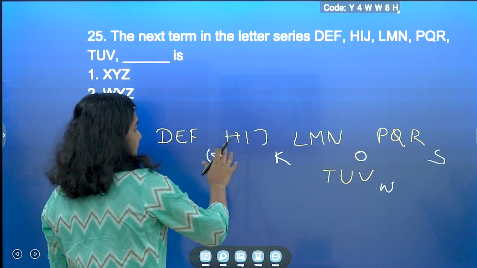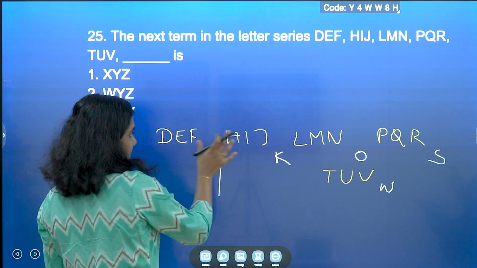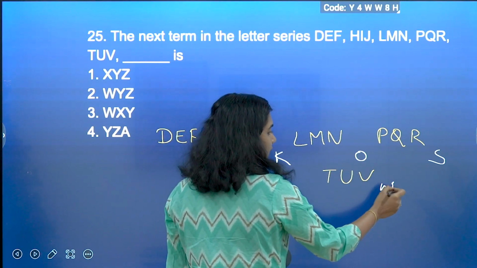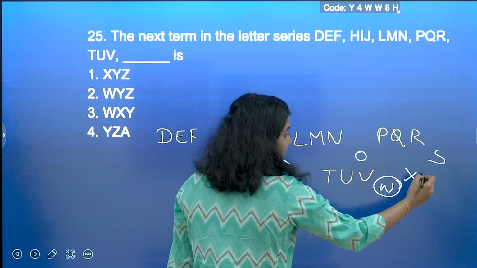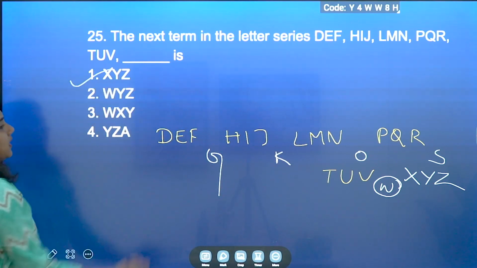So there is a missing letter in every set, and then the next set continues. So T, U, V, W is missing, then your next set will be X, Y, Z. So option 1 is the answer.